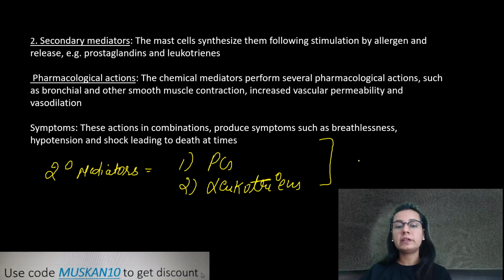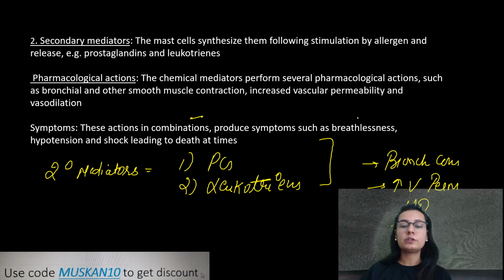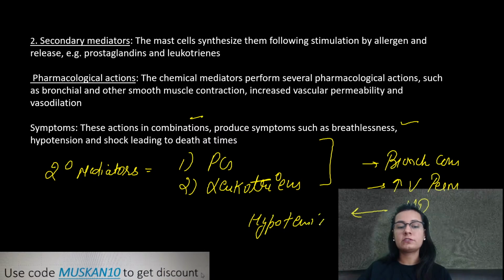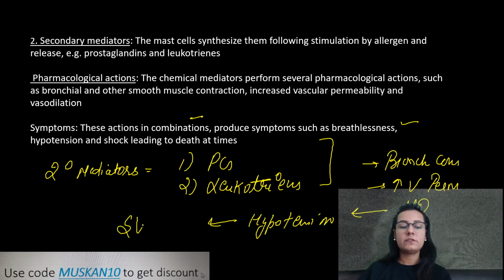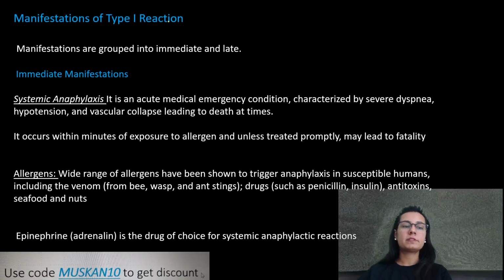And these chemical mediators will cause bronchial constriction and increase the vascular permeability by causing vasodilatation. And these actions will produce breathlessness and hypotension, and if severe, shock and even death. Okay, so this was about type 1 hypersensitivity.